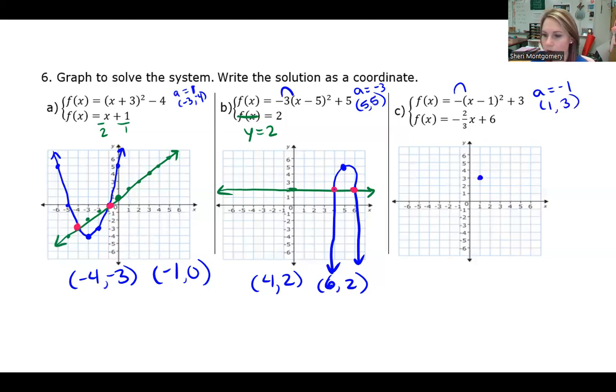So I'm going to go over 1, down 1, over 2, and then down 4, over 3, and then down 9. I'm going to use symmetry to make the other half of my graph. And try to make it look curvy.